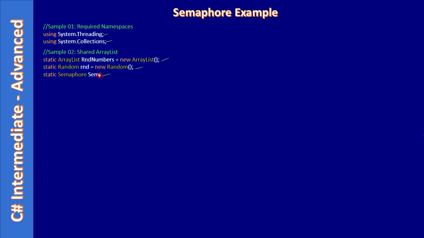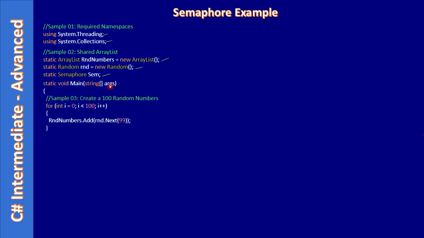Here we haven't created the semaphore instance, we just declared it. Then inside the main entry point we run a loop. It will run 100 times and makes a call to random.Next(99). So this 99 tells it to give me a number between 0 and 99.